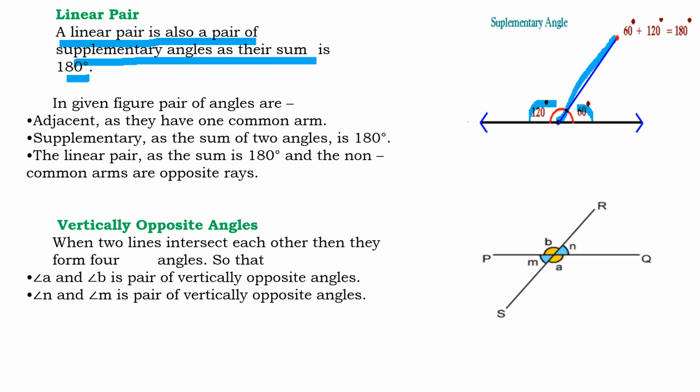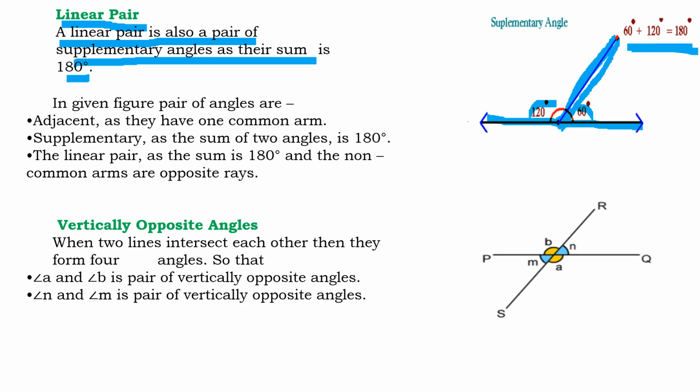Supplementary as the sum of the two angles is 180 degree, and a linear pair as the sum is 180 degree, and the non-common arms are opposite rays. Means one arm is shared by both of them, and the non-common arms here are in opposite directions. Anyways, you just remember that a linear pair of angles forms an angle whose sum is 180 degree.